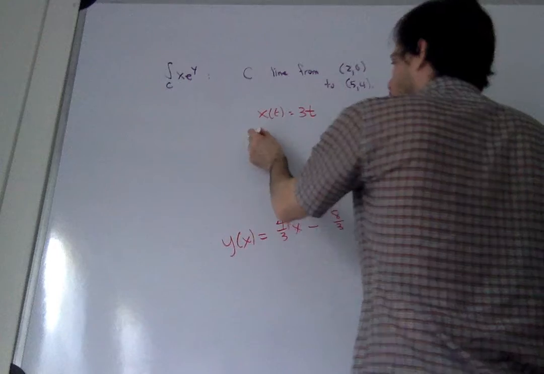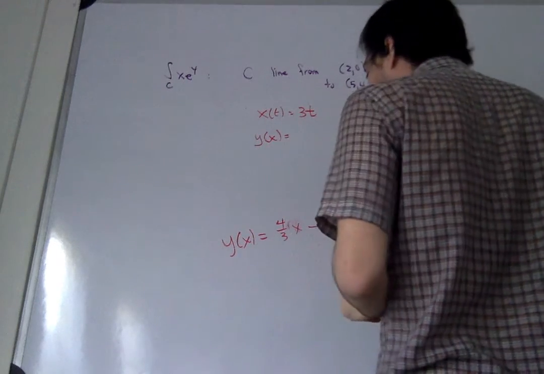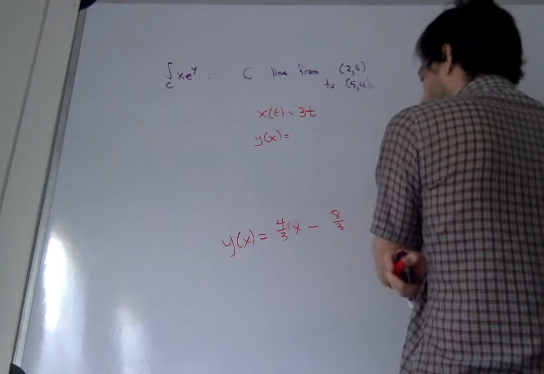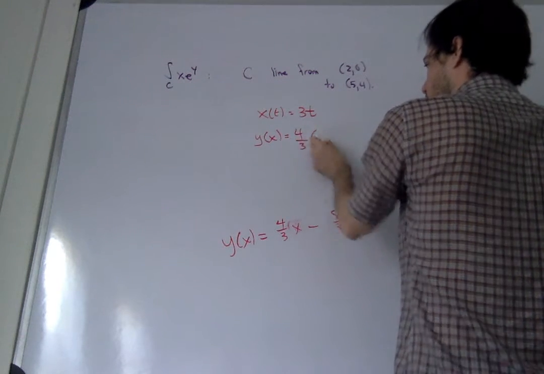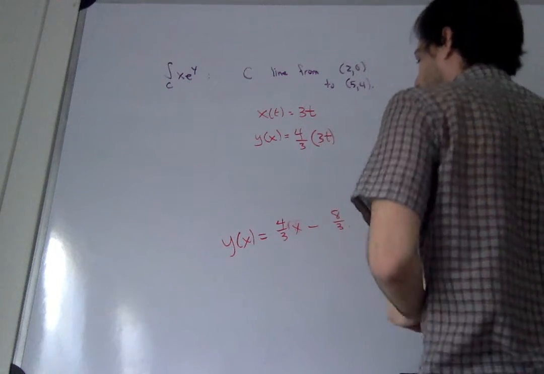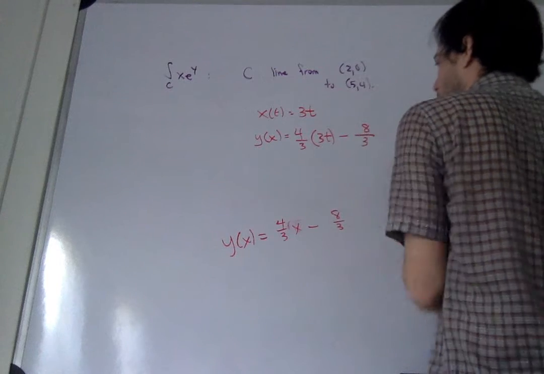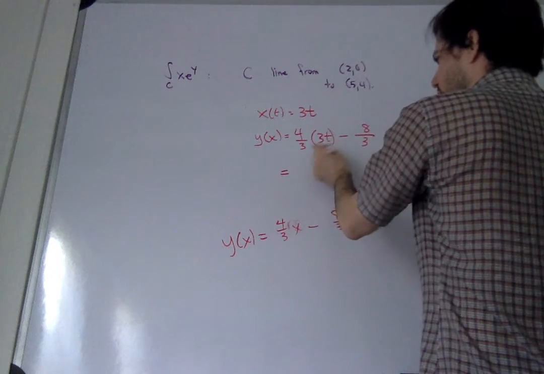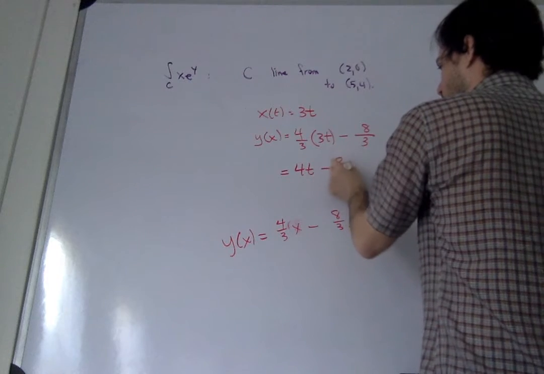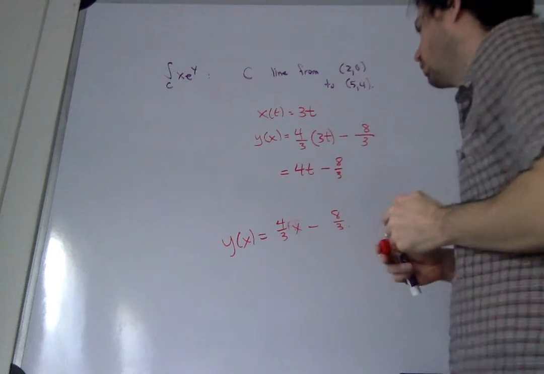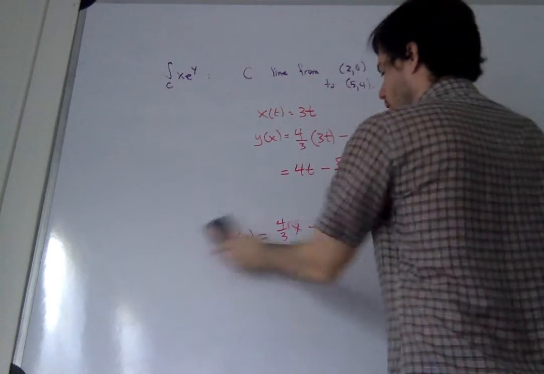Okay, so now when I plug in y, what do I get? I get 4/3 times 3t minus 8/3, and these 3's are going to cancel, and I get 4t minus 8/3. Okay, so it's a little better.